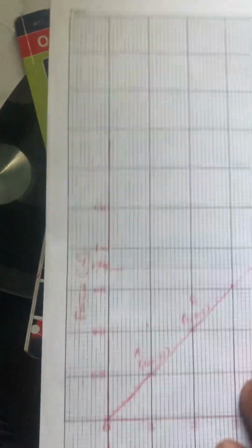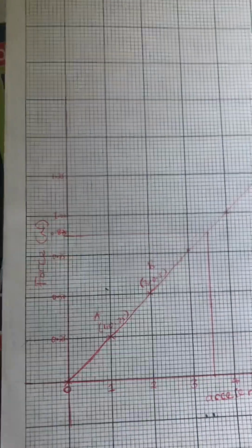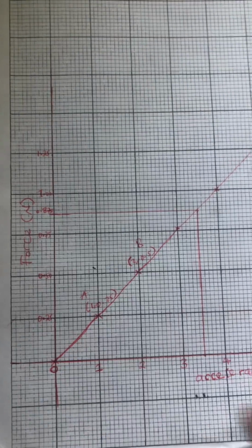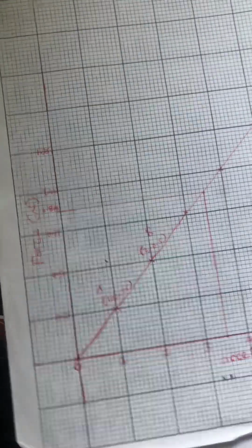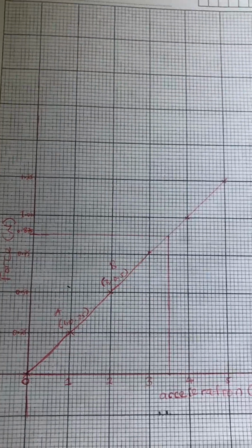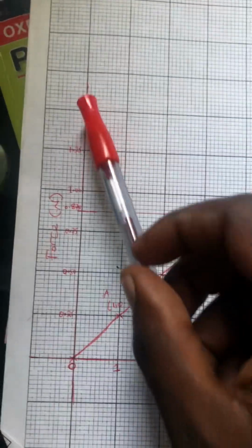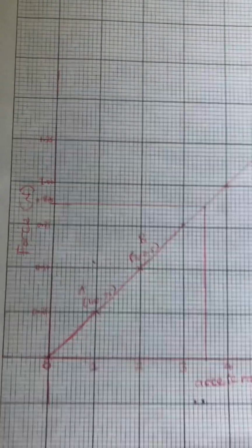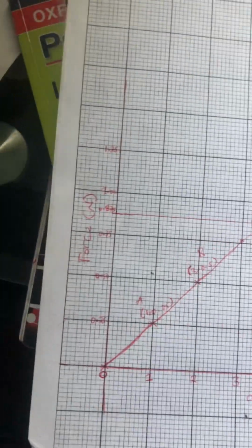So when we are writing a graph, we use a pencil. I'd used a red pen so that it can be more visible. But in your case, when you're writing an exam or you're doing work that you're supposed to submit for marking, you should use a pencil. So just by writing these things here in a pencil, you get a mark. This is how we mark graphs.